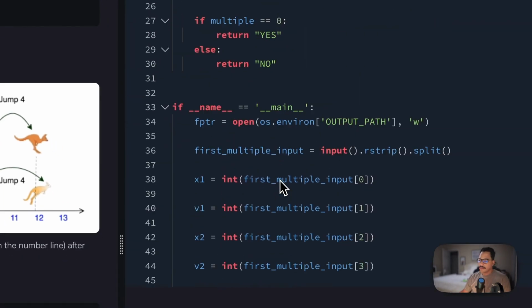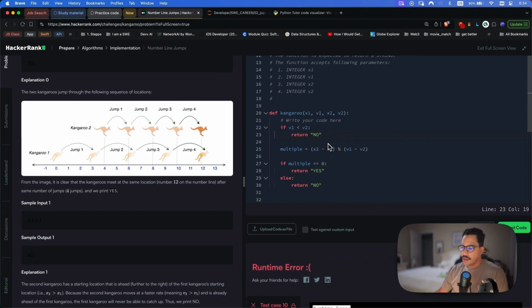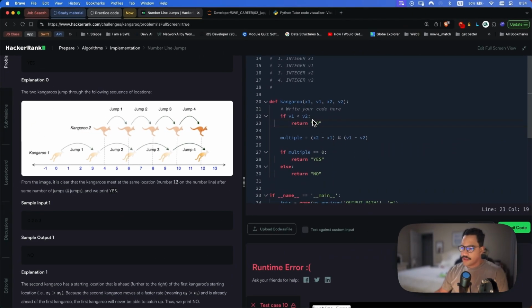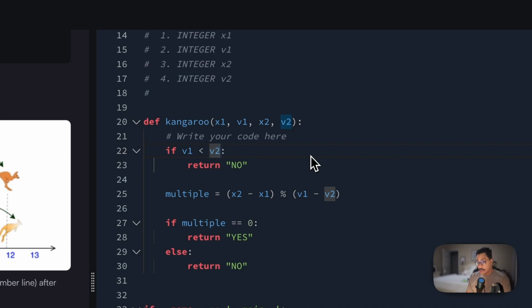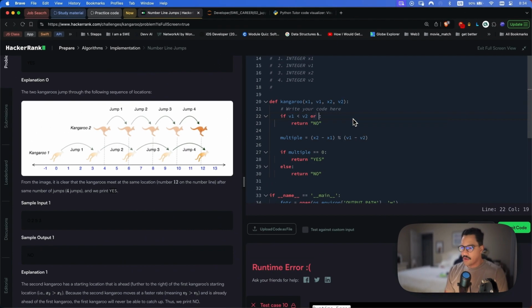If velocities are equal, return no, because we're always going to have an integer 0 division, right?